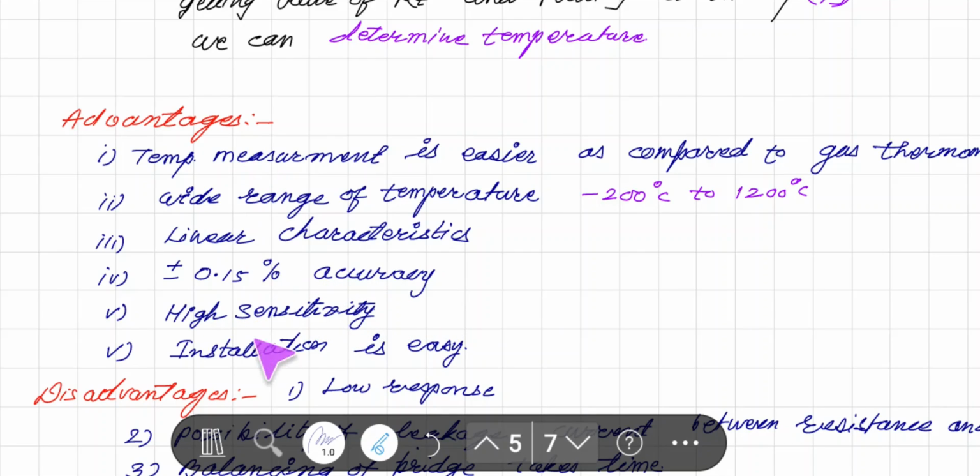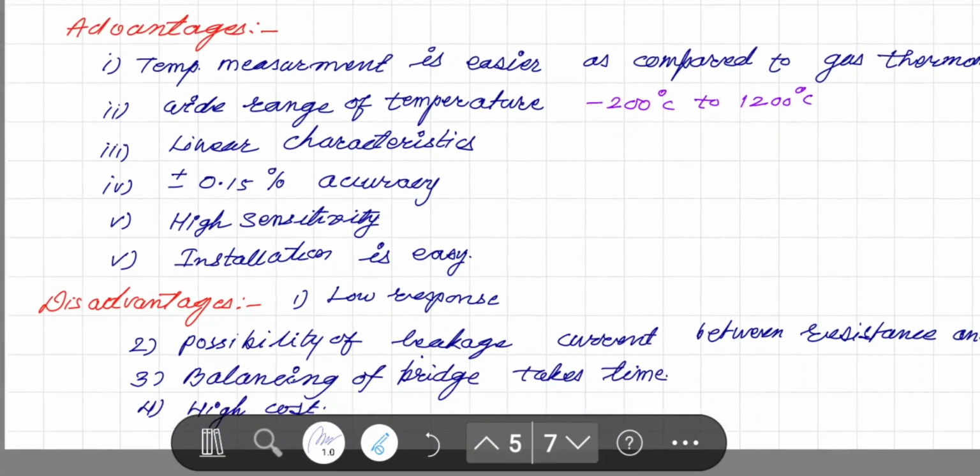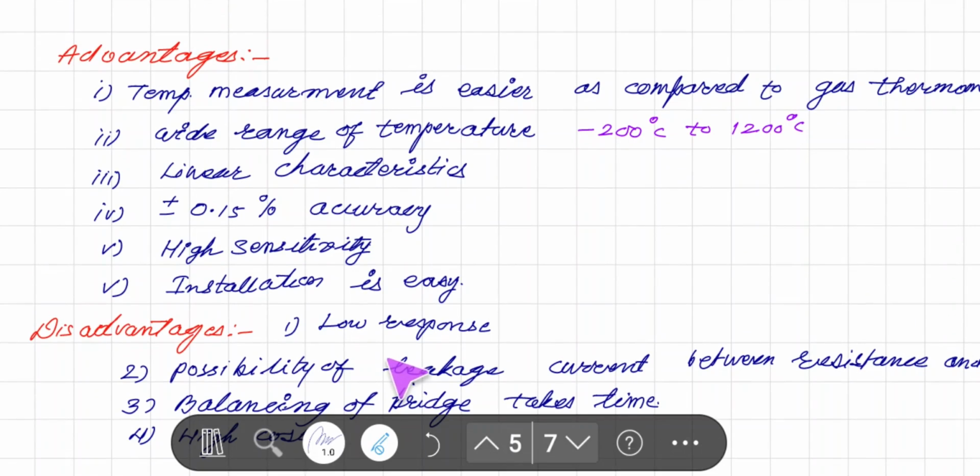These are the advantages of the platinum resistance thermometer, whereas it has some disadvantages. The first disadvantage is a slow response. Then there is the possibility of leakage current between the resistance and the ground, and the leakage current problem can cause variation in the output temperature measurement.